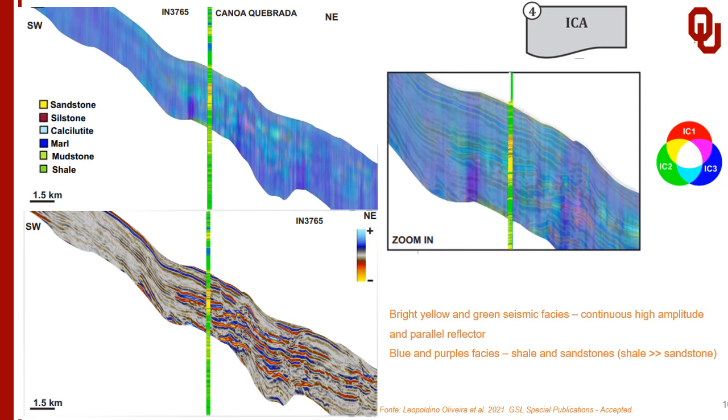So, these figures demonstrate that the sandstones probably associated with sheet sands correlates with a mixture of bright yellow with green seismic facies associated with high amplitude and parallel reflectors. The blue and purple facies are associated with an interpreted shale and mudstones, more shale than sand.